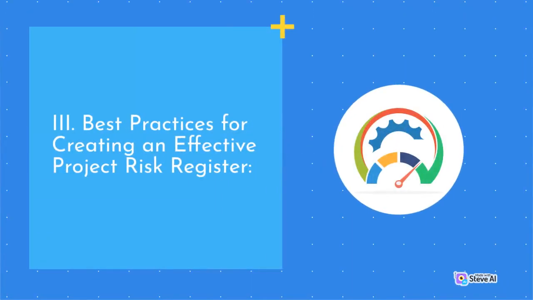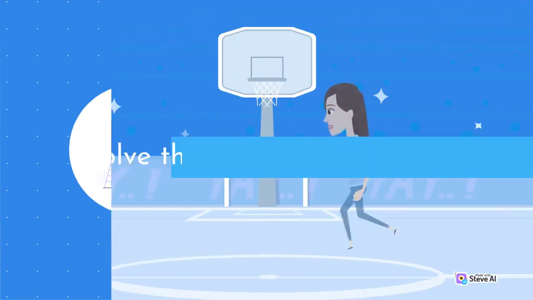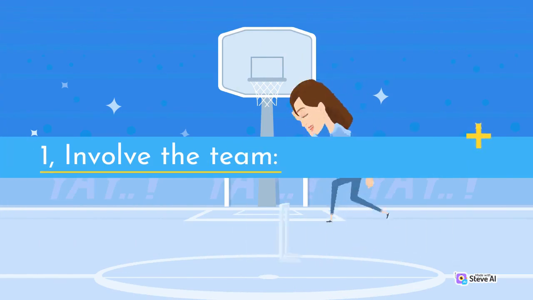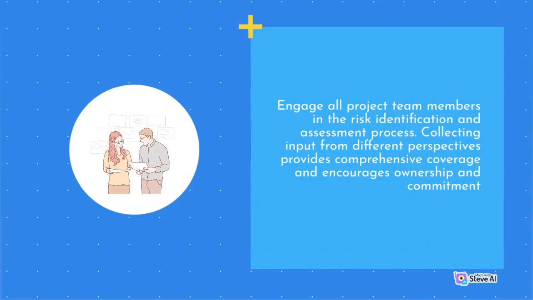3. Best practices for creating an effective project risk register. To create an effective project risk register, consider the following best practices. 1. Involve the team. Engage all project team members in the risk identification and assessment process.